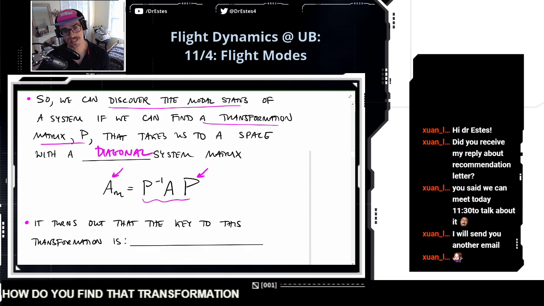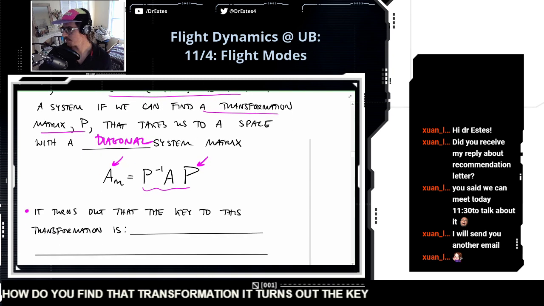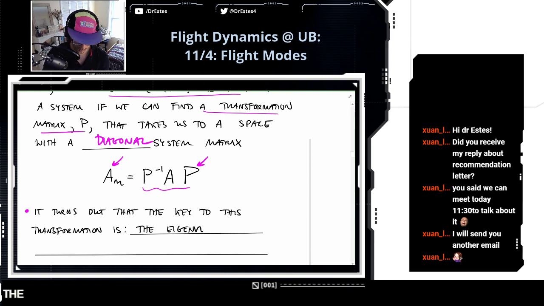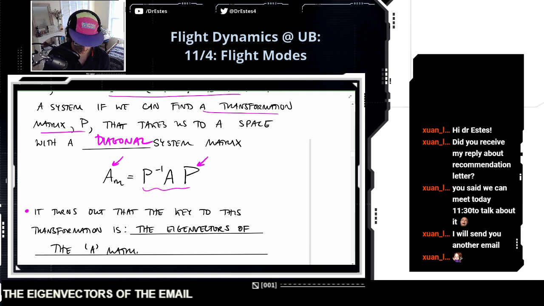It turns out the key to this transformation is the eigenvectors of the A matrix. Just to be specific, I'm talking about the one in physical coordinates.